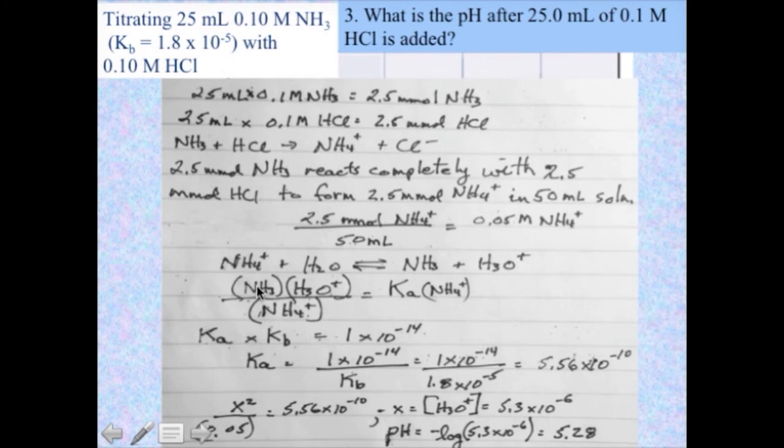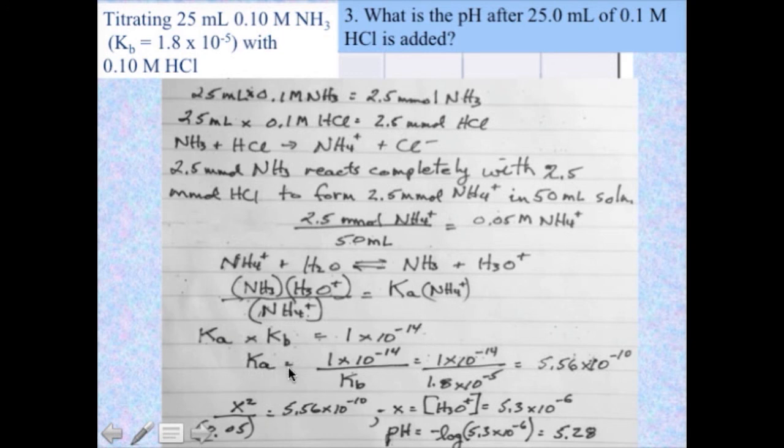Plugging that into our mass action equation for the reaction of ammonium ion with water forming ammonia and hydronium ion, we have this mass action equation equaling the Ka for ammonium ion. Now we can calculate what the Ka for ammonium ion is going to be, because Ka times Kb has to equal 1 times 10 to the minus 14.